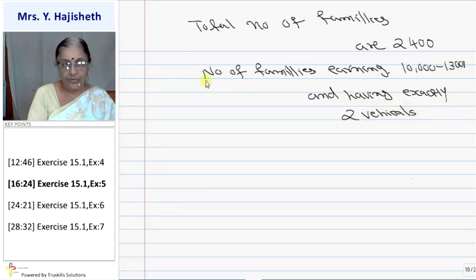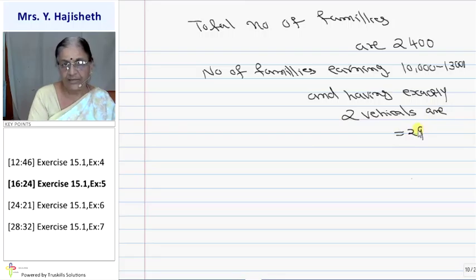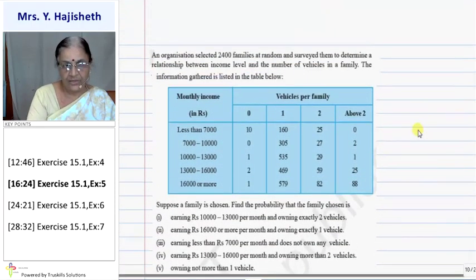You go from 10,000 to 13,000 and reach up to 2 vehicles. Your data will be 29. Look in the table, I will tell you how to do it. Hold 10,000 to 13,000. Where is 10,000 to 13,000?